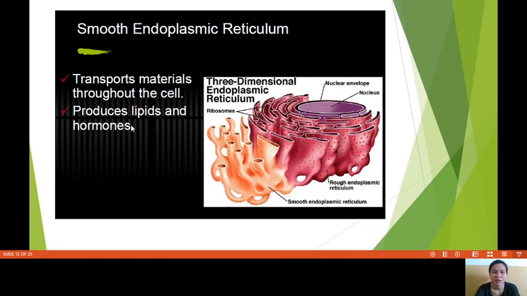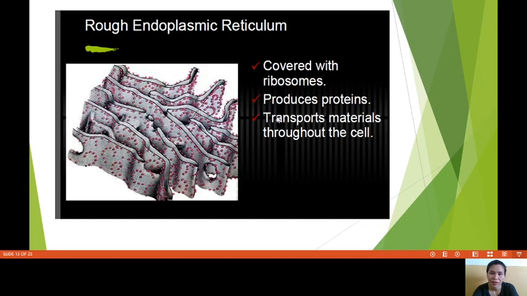Why do we call it smooth? As you can see, it is smooth because it doesn't have ribosomes. While the rough one has the same function, since it's also endoplasmic reticulum, it is called rough because ribosomes are all over it.